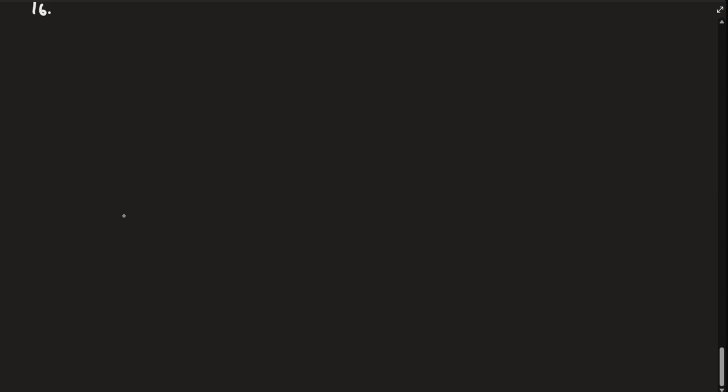Question number 16. We have here log 2, then log 3, then log 3 of 27 to the power 3.